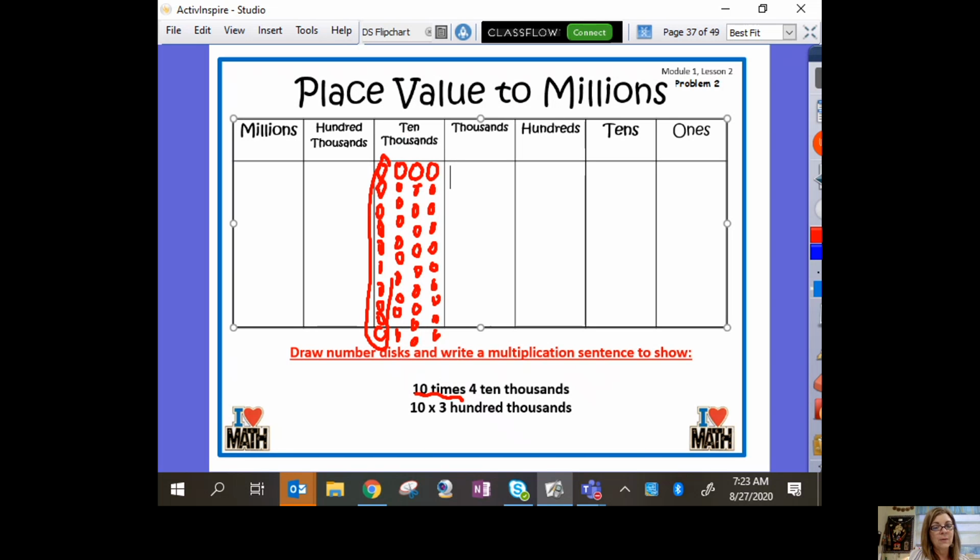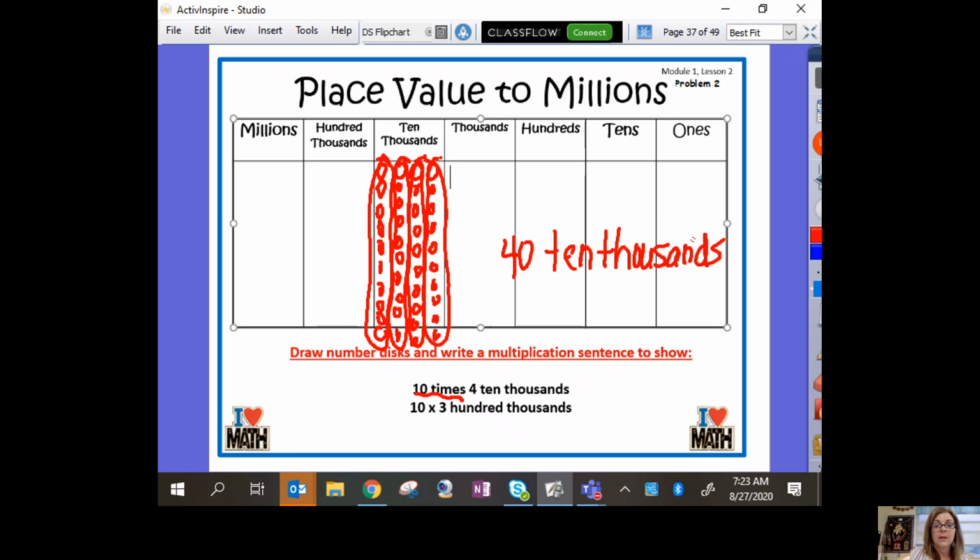So that would be one group of 10,000s, another group, and another group. What I have represented right here is actually 40 10,000s, because this is 10, 20, 30, 40 10,000s.